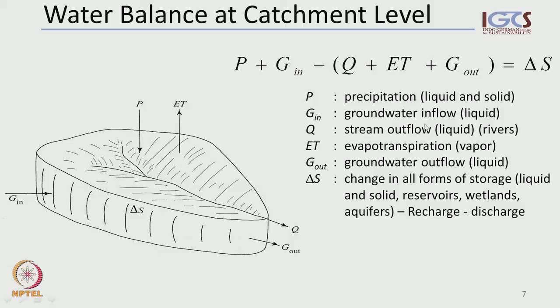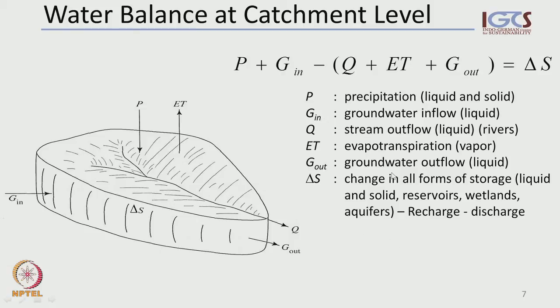Groundwater, we're speaking of in the form of liquid. The stream outflows, we speak of rivers. The evapotranspiration, we speak of water vapor. The groundwater outflows, as a liquid again. The change in storage, we refer to any form of storage in liquid or solid state, and this would entail our reservoirs, our wetlands, and our aquifer systems.